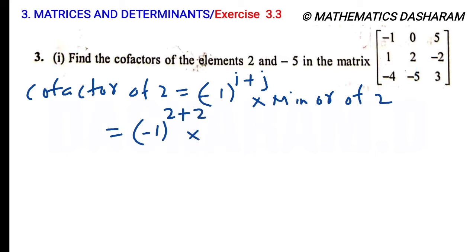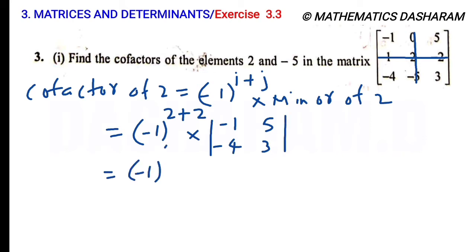So the minor of 2 means cancel the row and column and find the determinant of the remaining elements. So minus 1, 5, minus 4, 3. It is equal to minus 1 whole to the power of 4 into the determinant, which is minus 1 into 3 minus minus 4 into 5.